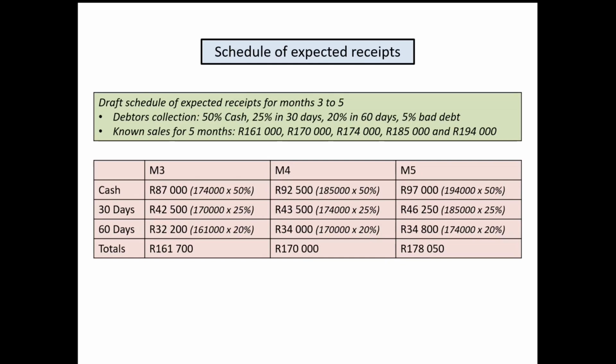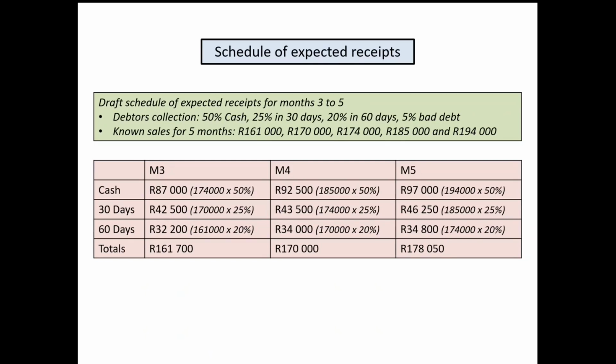Okay, so that's the first part of the money that's coming in month 3. Then we take the sales from the previous month, which was 170,000, and we multiply that with 25%, because we know that 25% of our debtors is going to pay us in 30 days. Then we go back 2 months where we had sales of 161,000, and we multiply that with 20%, because we know that 20% of debtors is taking 2 months to pay us.